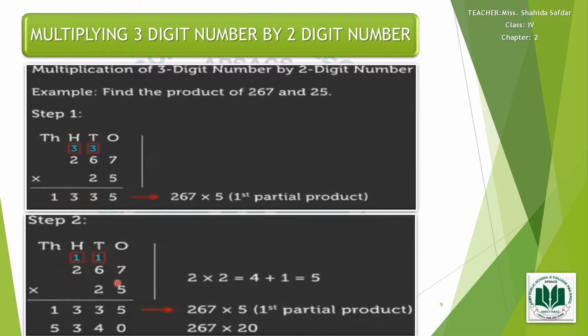We write 4 here and 1 as carry. Next, 2 multiplied by 6 equals 12 plus this carried over 1, it becomes 13. So we write 3 at hundreds place and 1 as carry. Now 2 multiplied by 2 equals 4 plus 1 which equals 5. So we call 5340 the second partial product.